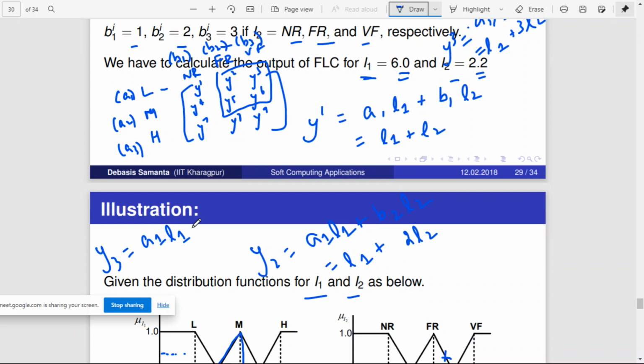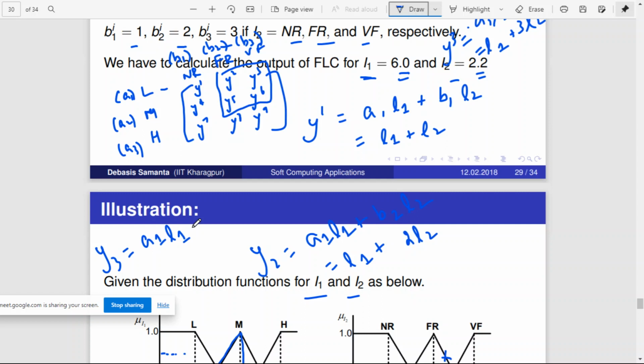Similarly, the third rule. Y5 is connected with A2 and B2, right? Here A2 and here B2.